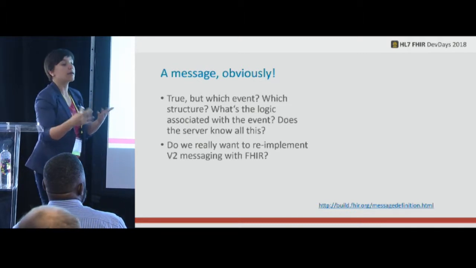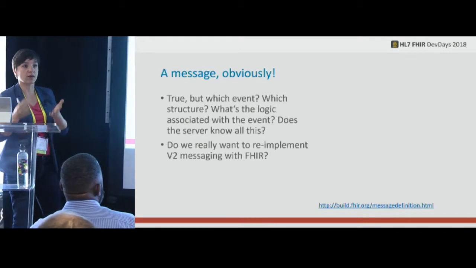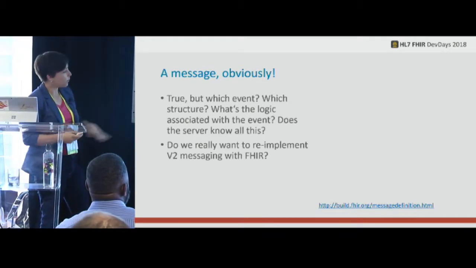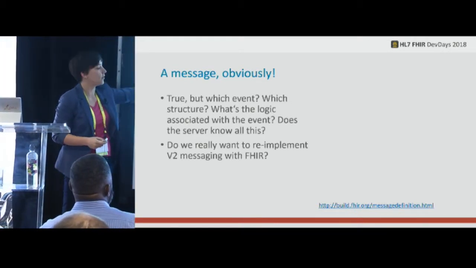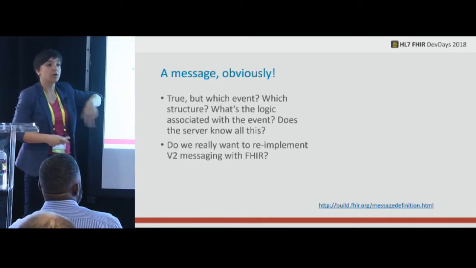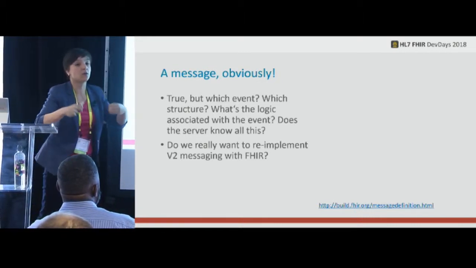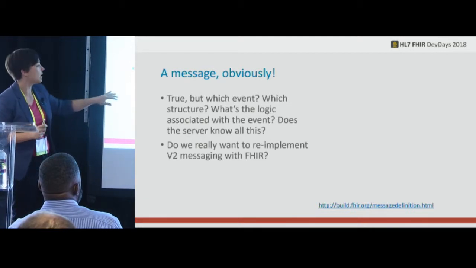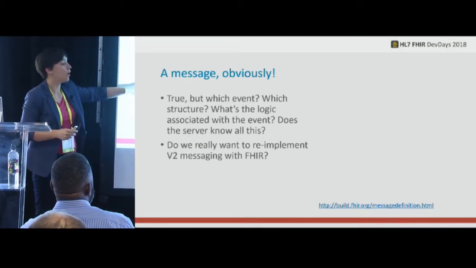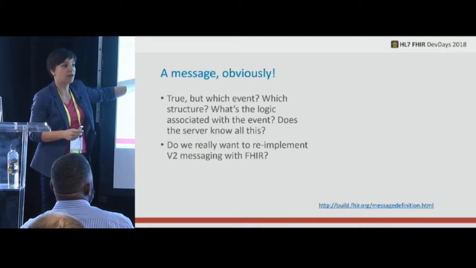So we have to have a message structure that is connected to the message event. That's basically everything that we already have in version 2. If we wanted to reuse that in FHIR, that would mean we would have to re-implement the whole V2 specification in FHIR.